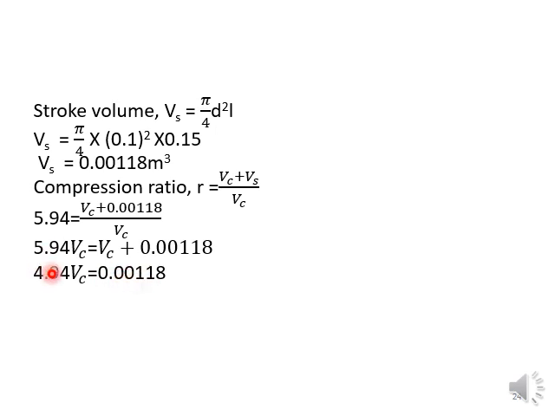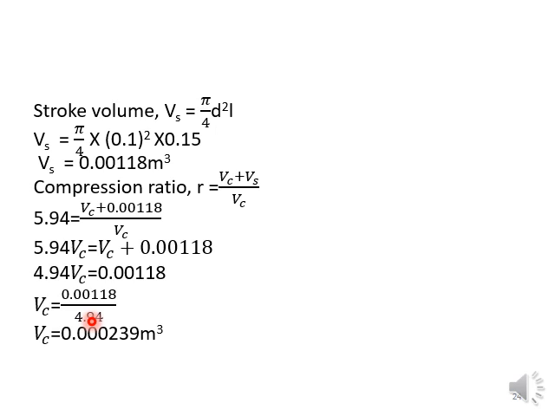So bring this 4.94 into the denominator. So Vc is equal to 0.00118 divided by 4.94. So the clearance volume is 0.000239 meter cube.